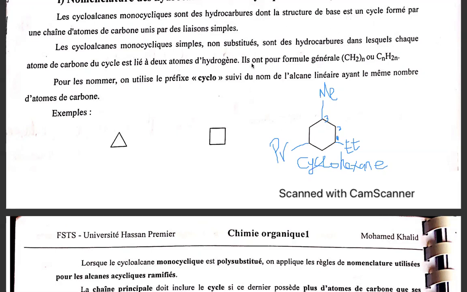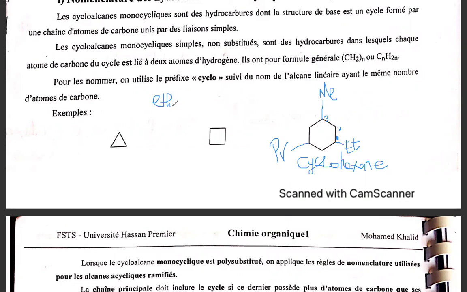So in alphabetical order, which one comes first in the alphabet? E, M, P. Which one comes first? E comes first. So ethyl comes first.